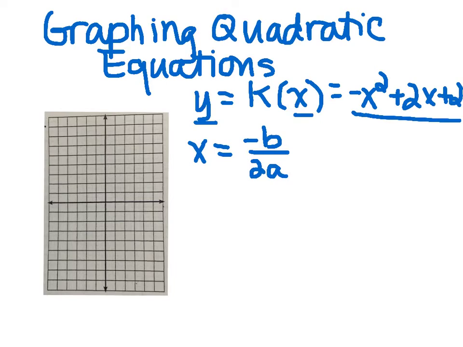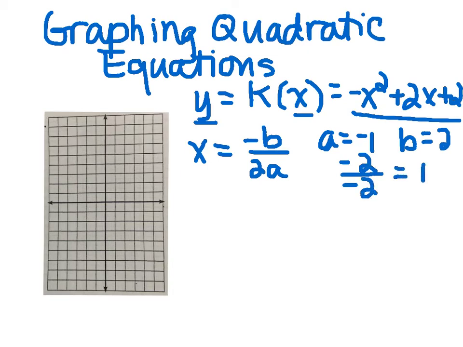In this particular function, a is negative 1 and b is 2. So the opposite of b is negative 2, and 2a is also negative 2, so that equals 1. X equals 1. And then to plug that into the function, I'm going to take all of this and plug in 1.